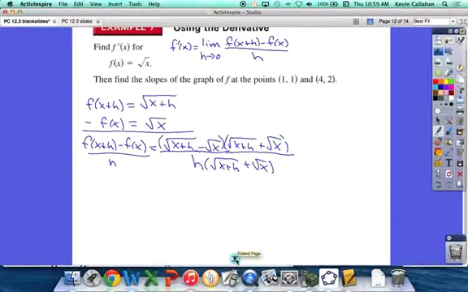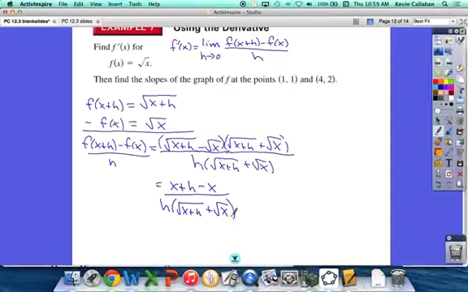FOIL in the numerator, but again, we don't need the middle term. So it's actually the first term times the first term, x plus h, the last term times the last term, minus x. And in the denominator, h times the square root of x plus h plus the square root of x.